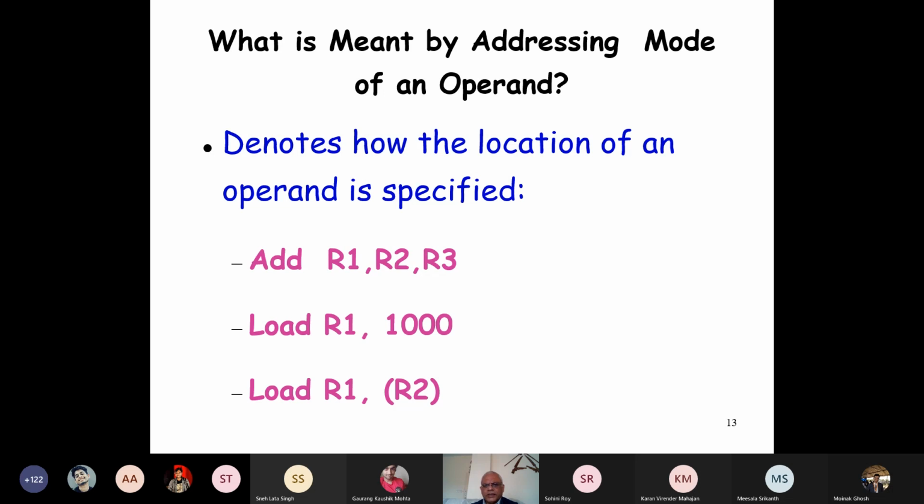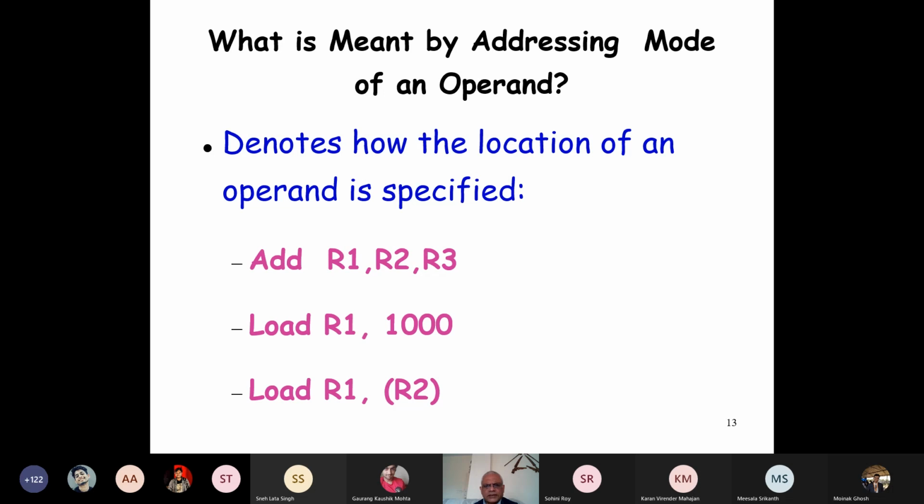Is it in the memory? Is it in the register, etc.? Or is it consecutive elements of an array? So the addressing mode denotes how the location of the operand is specified.